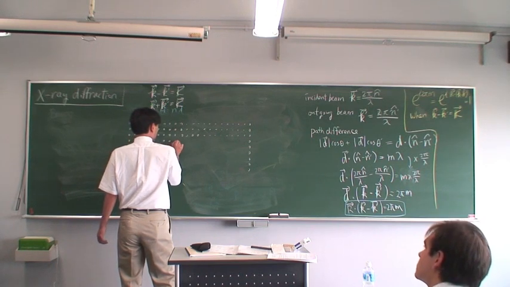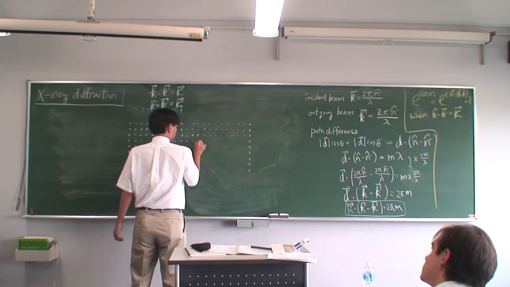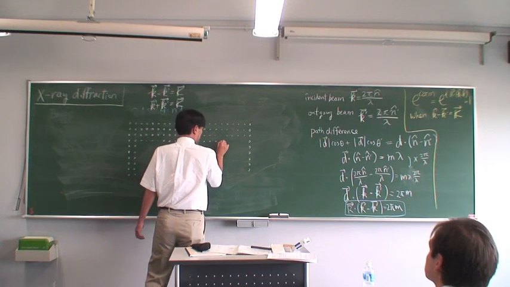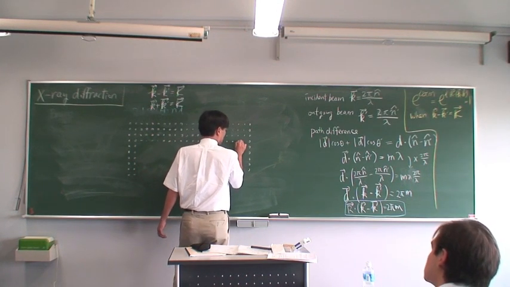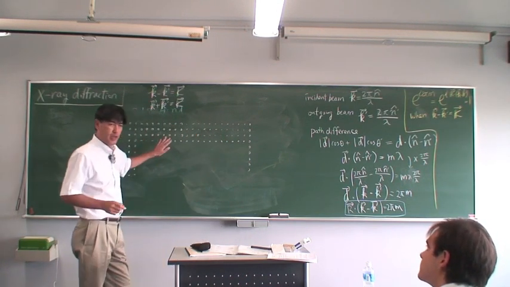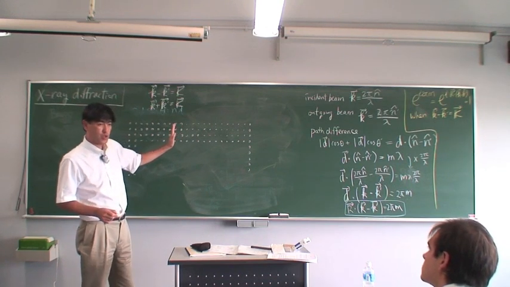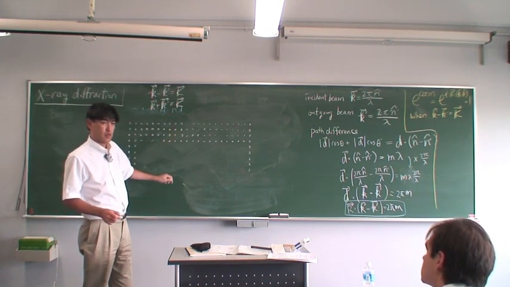So this is the reciprocal lattice of the simple cubic lattice. In fact, this is just the xy plane, but the same lattice continues in this direction too, right?